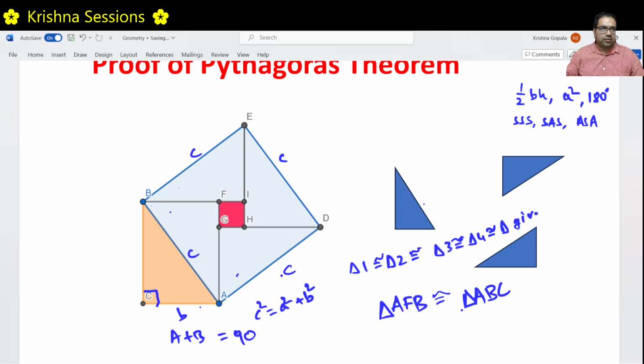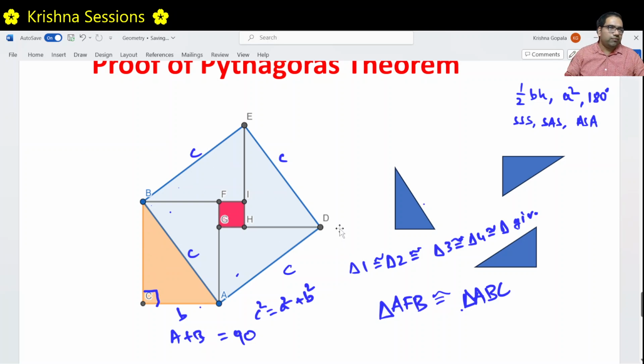Now, as you can see, I have just drawn the figures again. This and this we already noticed. This triangle is actually like this. If you rotate a bit, then it will actually overlap with this one. Similarly, this one is this. If you rotate a bit, backward rotation of 90 degrees, let's say, then also this will overlap with this one. Similarly, this and this are exactly in the same orientation, and these two also will overlap. We already established all four triangles are same.